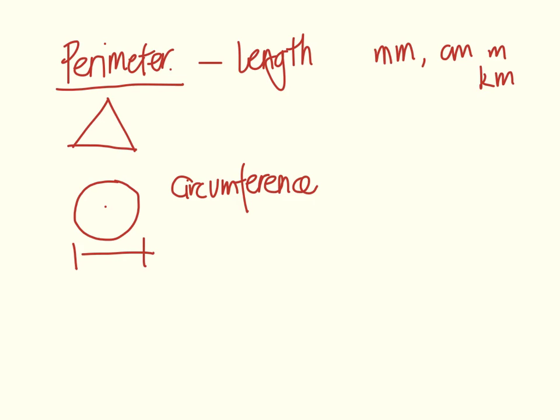So if we look at the dimension right across the circle, that is the diameter. Okay, if you are looking at this dimension here, it's the radius. So the circumference of a circle is 2 pi r or pi d. Okay.